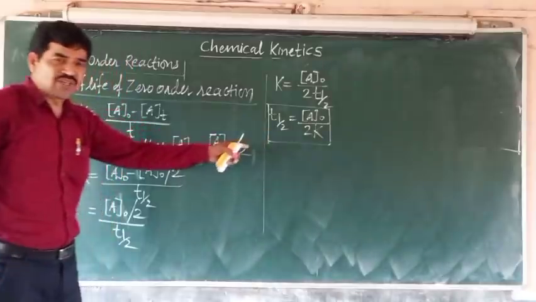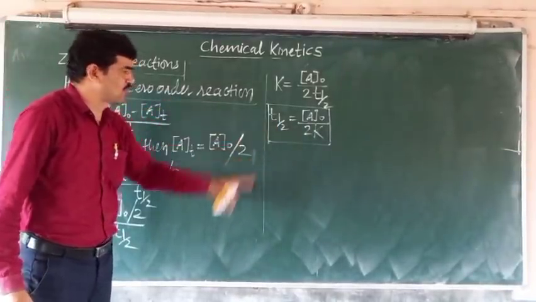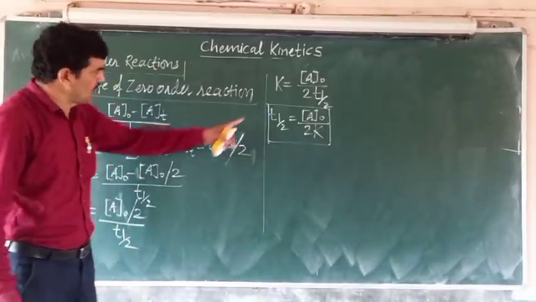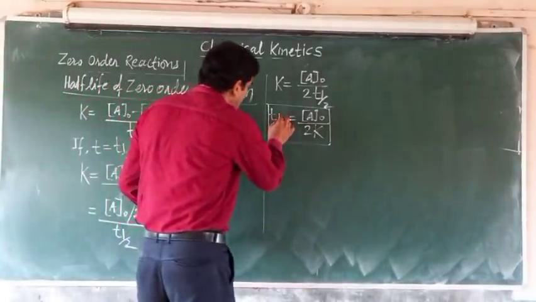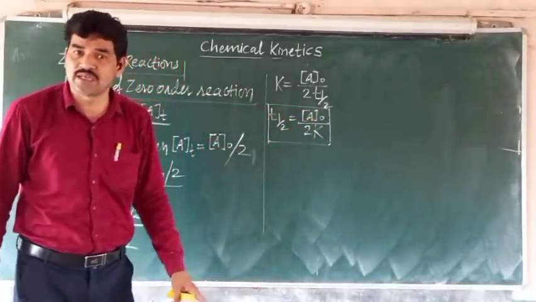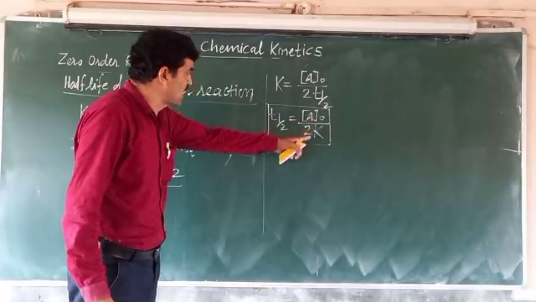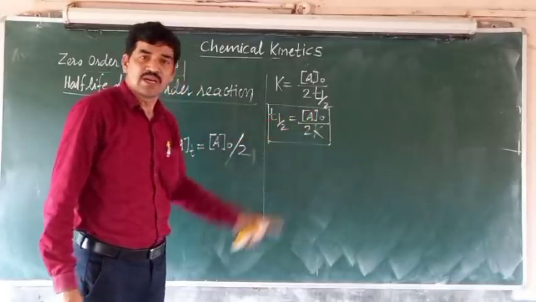From this equation for the half-life of a zero order reaction, you can easily understand that the half-life depends on the initial concentration of the reactant. It is directly proportional to the initial concentration of the reactant.